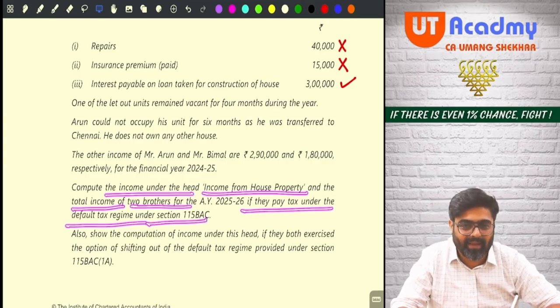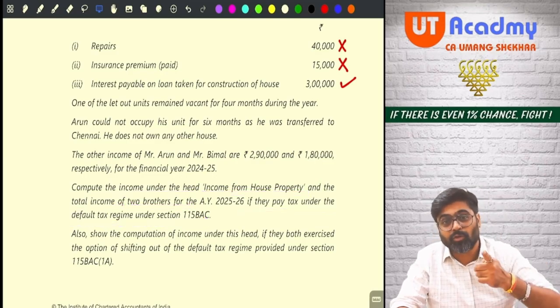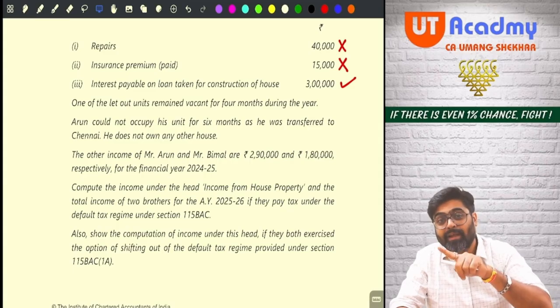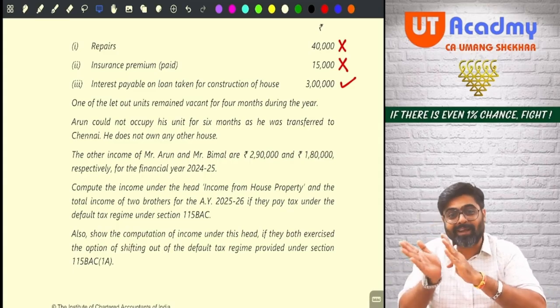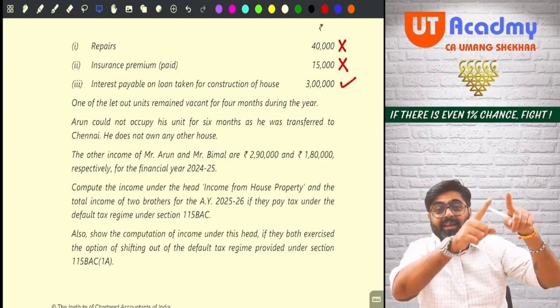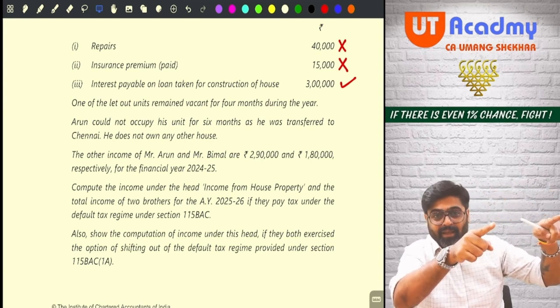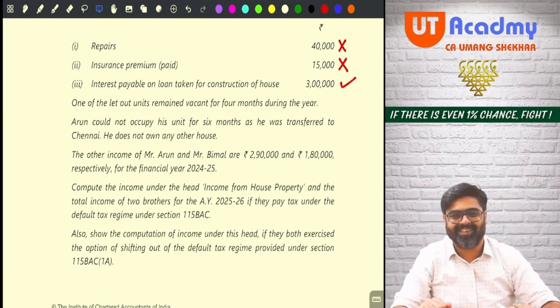If they pay tax under the default tax regime, they are not shifting out. Now they are in 115BAC. So will they get any deduction for interest on housing loan from their SOP? No. So whatever interest will be coming for the SOP portion divided between A and B will not be allowed to them because they are following 115BAC.